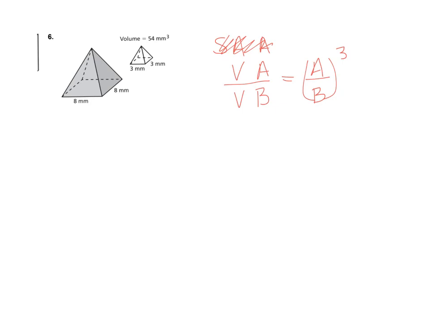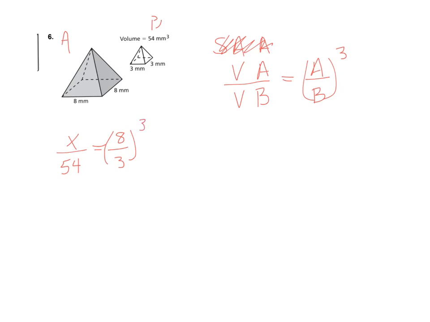So, volume of A, we don't know, so I'm going to put x. Volume of A is x. Volume of B is 54. And that's equal to a length from A, which is 8, over a length from B, which is 3. And this is to the third power.